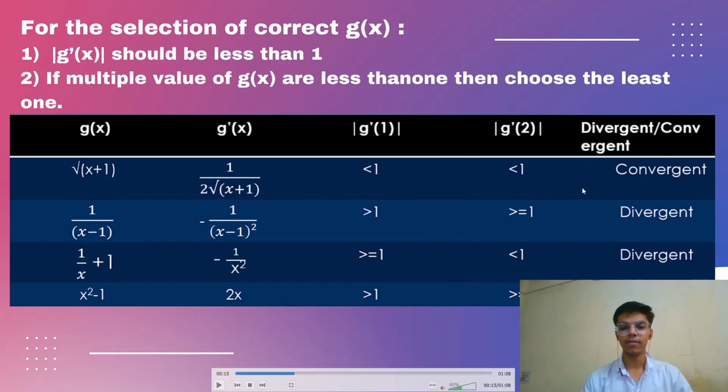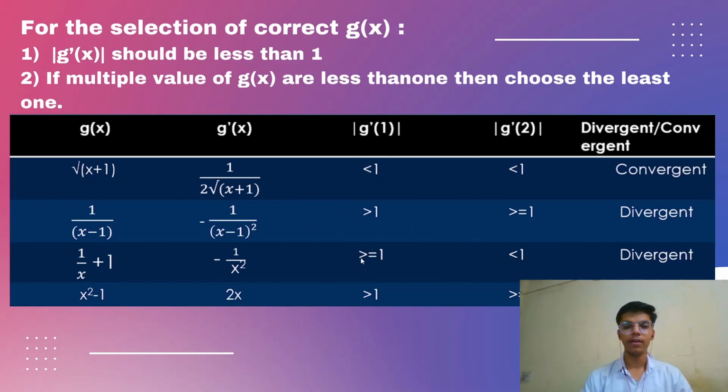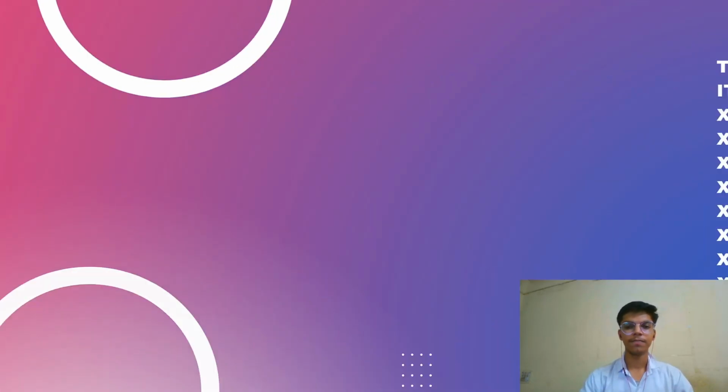So this is convergent. While in the other function, the value is greater than or equal to 1, and it does not satisfy the criterion which says that the derivative of g(x) should be less than 1. In this g(x) function case, both values are less than 1, thus it satisfies the criterion, so we can select it as the correct g(x).